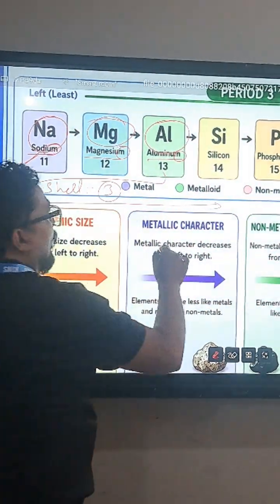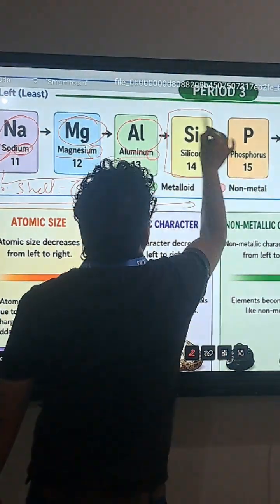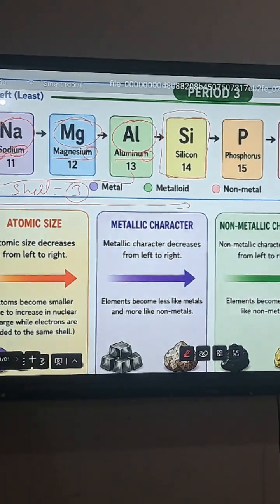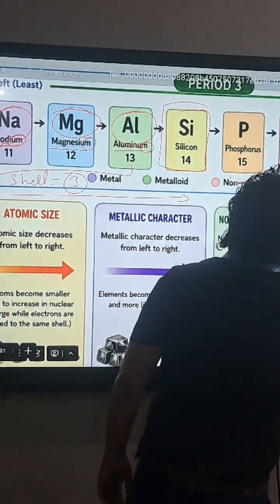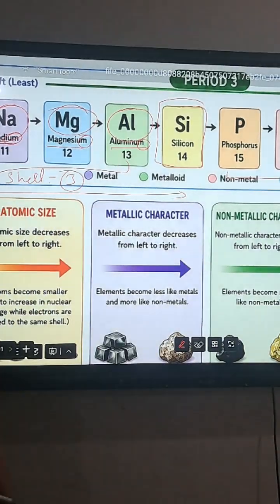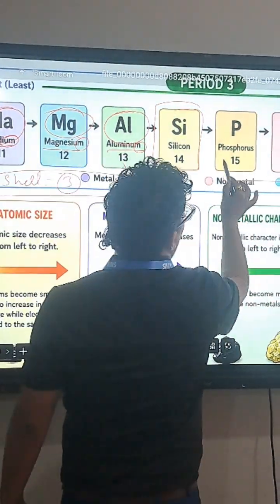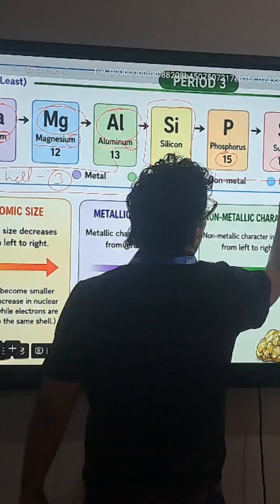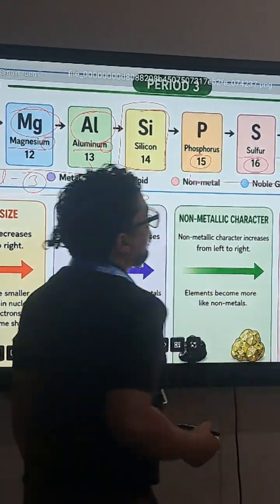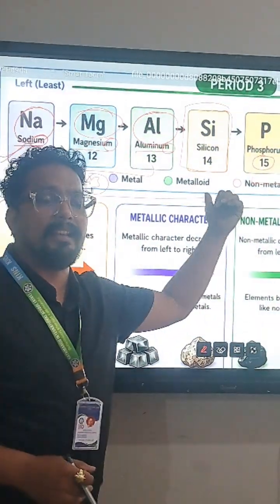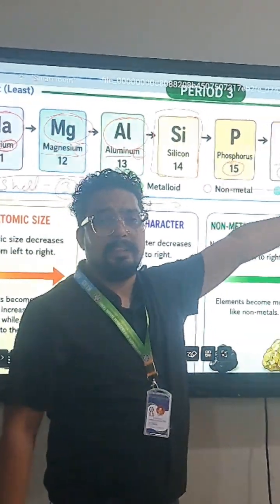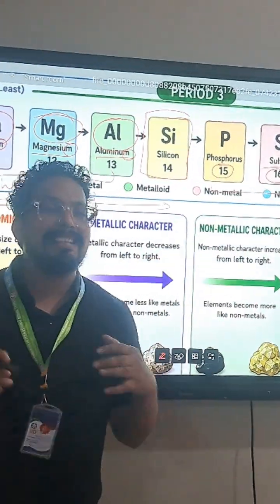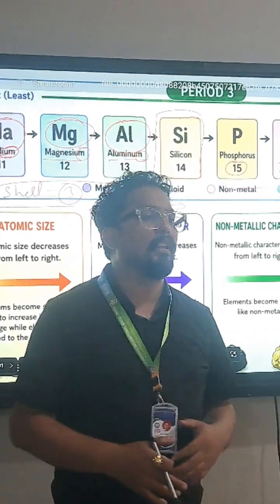Now, this part is called metalloid. Silicon is a metalloid. And after that, there is the start of non-metals. Whose atomic size is larger: phosphorus, sulfur, or chlorine? Phosphorus. Which one will have the smaller? Chlorine. So, larger atomic size is favorable for metal.